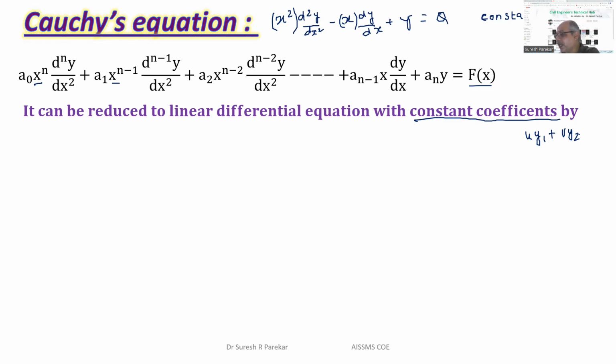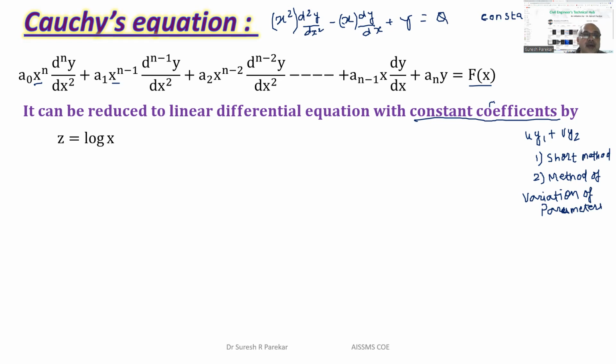So the main aim in this method is to convert into constant coefficients, and once you have converted, then you can use the short method, or you can use the second method which we have seen, the method of variation of parameters. So we can use any of these methods to solve the problems, because now that problem goes to constant coefficients.